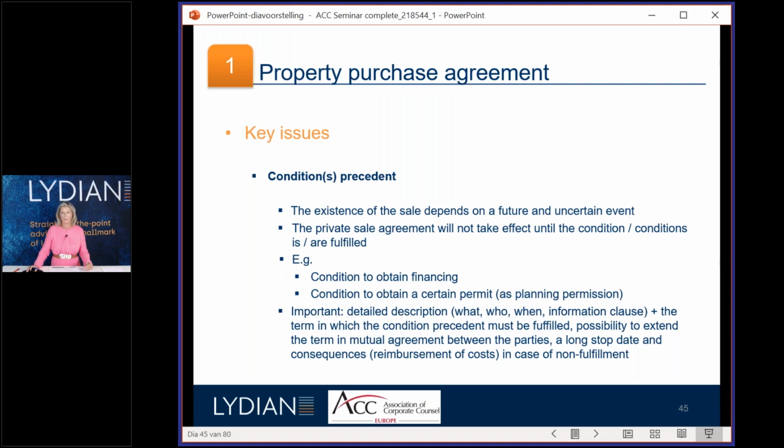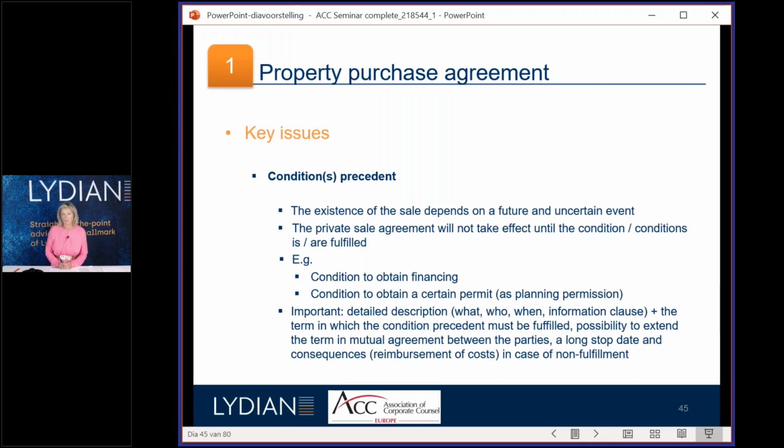So drafting carefully, provide for an information clause between the parties, provide for a time frame in which the conditions precedent have to be fulfilled. Maybe you can provide for an option for the possibility for the parties to extend the term in which the conditions precedent have to be fulfilled, and also provide for a long stop date, so a final date by which the conditions precedent have to be fulfilled.